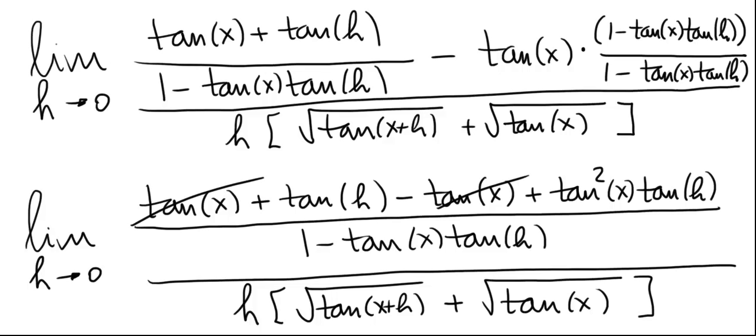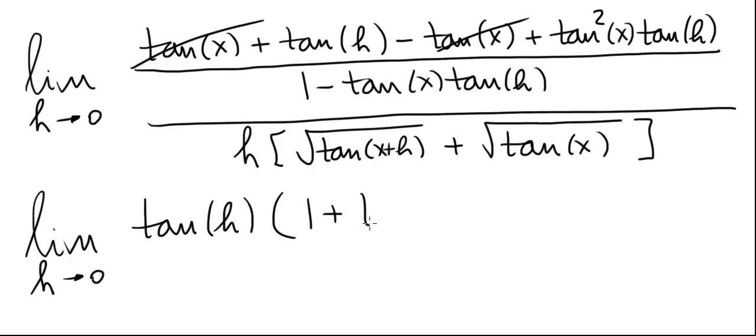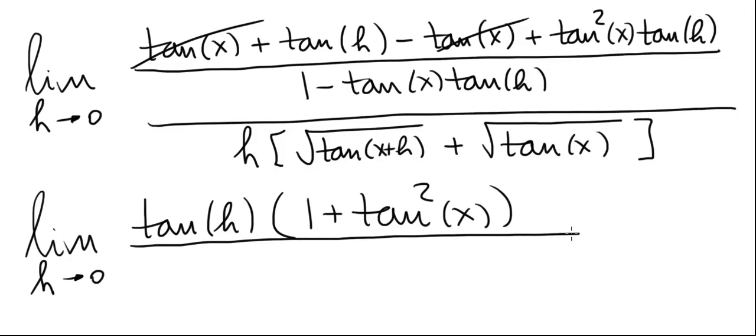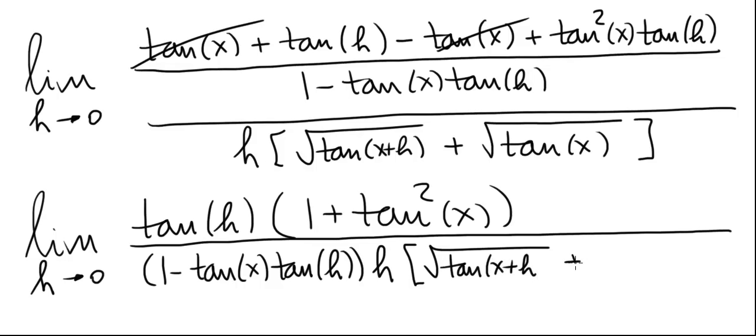So let's do some simplifying again. First of all, the numerator we can factor out. We still have the limit as h goes to 0. We can factor out tangent of h, and then we have 1 plus tangent squared of x. And then this is divided by, the two denominators can be combined, so it's 1 minus tangent of x times tangent of h times h times the square root of tangent of x plus h plus the square root of tangent of x.